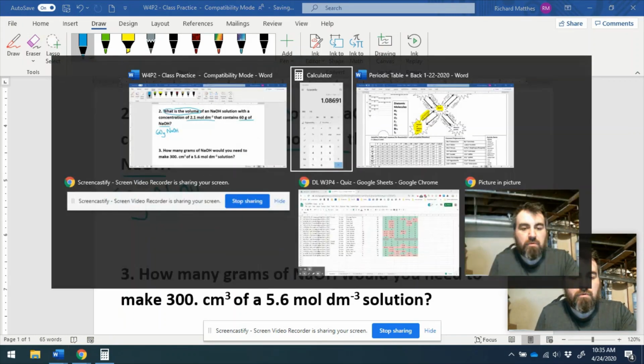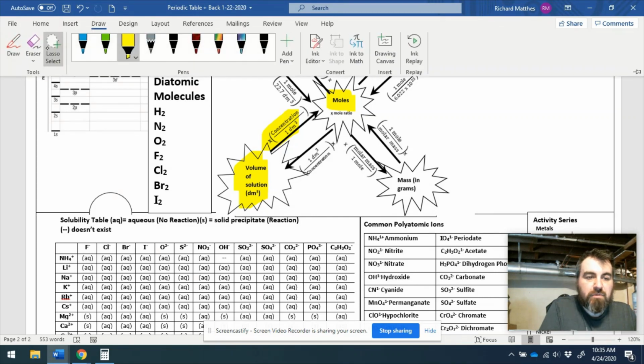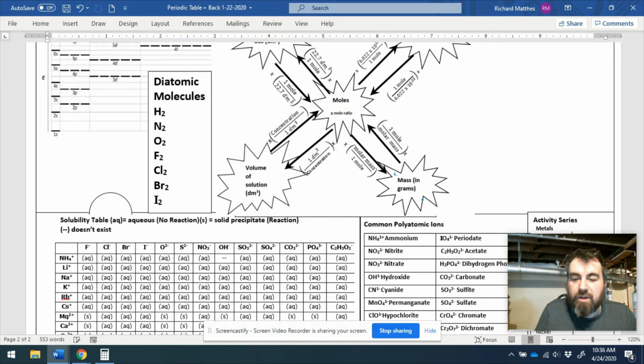All right, so how would that work on our mole roadmap? Well, now, here I'm going to erase what we've got already. We are at mass in grams. We want to get to volume of solution. So we're going to go in here, and then we're going to go out through there.